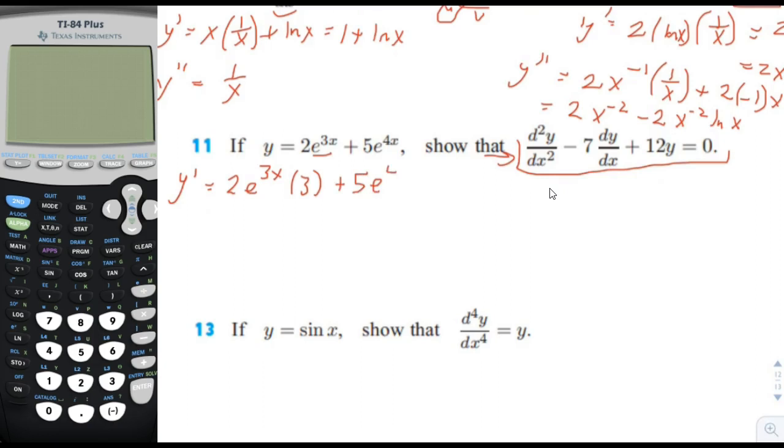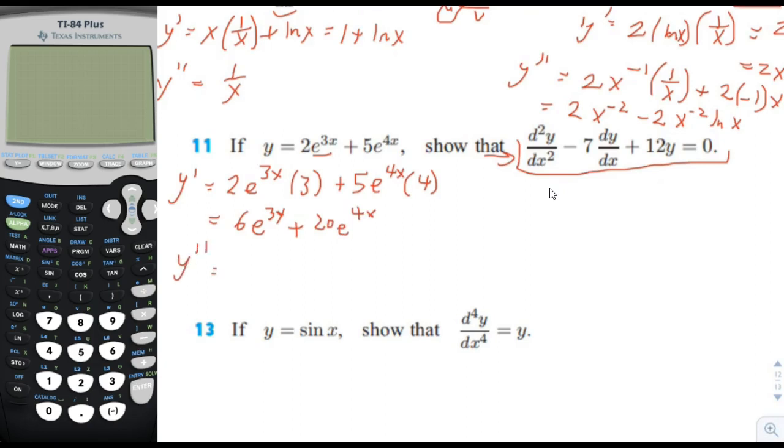So the derivative of e to the 4x is e to the 4x itself, and then multiply times 4, which is the derivative of 4x. So that is equal to 6e to the 3x plus 20e to the 4x.